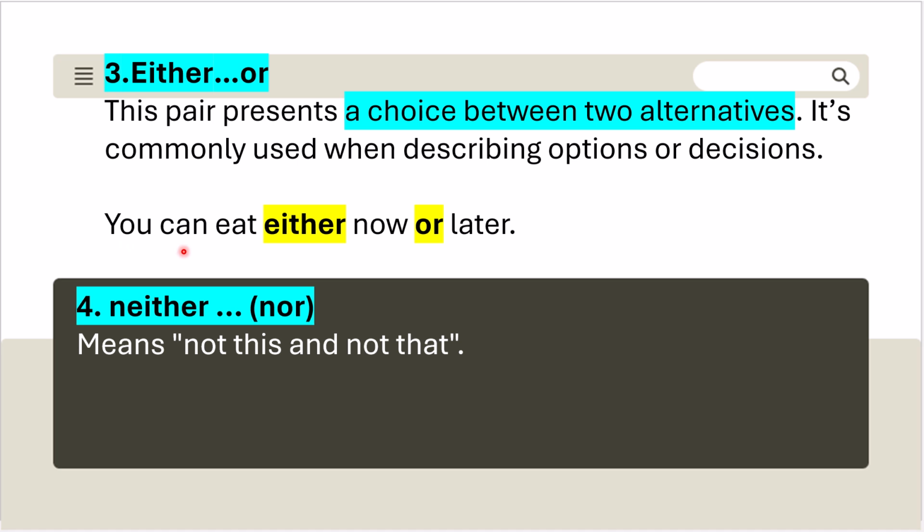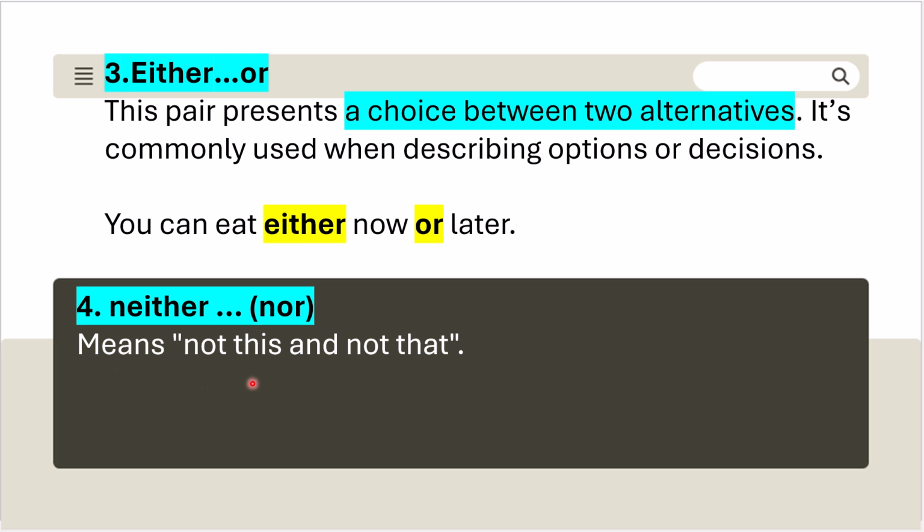Or another example you can see, you can either have ice cream or a chocolate. So you have to choose between the two. So this way we use the coordinating conjunction. It's either or.